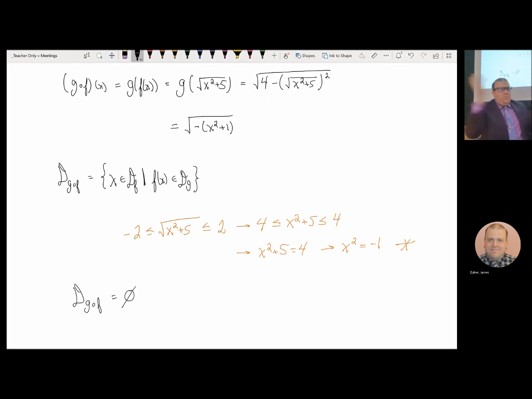Who cares if you can't make it 0? That's not necessary. The fact that you can't make x squared plus 1 non-positive is the key. All right. So you just take the f of x, put it in between the compound inequality. So this would be algebraically how you would explain it.